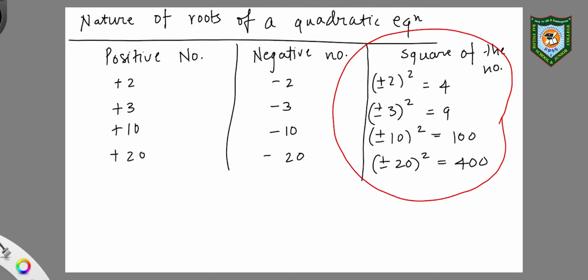Now we know that plus and minus 2, both of these squares is 4. That means under root 4 is equal to plus minus 2. Now the one thing that we have to observe in this column is that whenever we square a real number, none of the squared values, that means these values, none of them are negative.